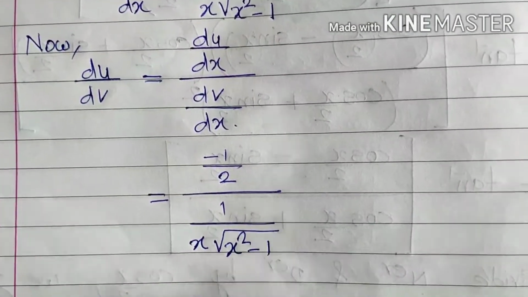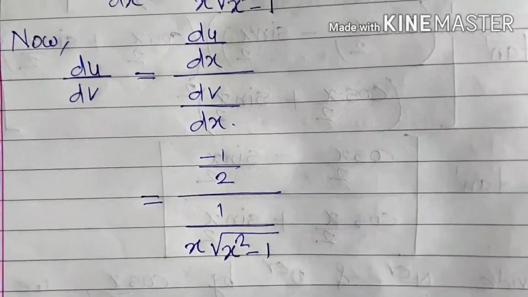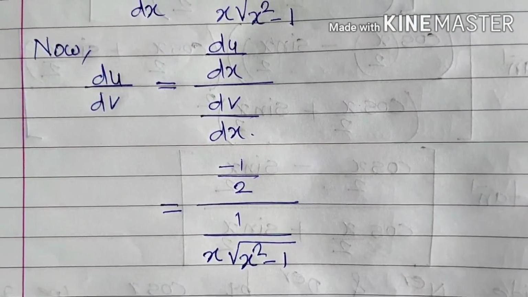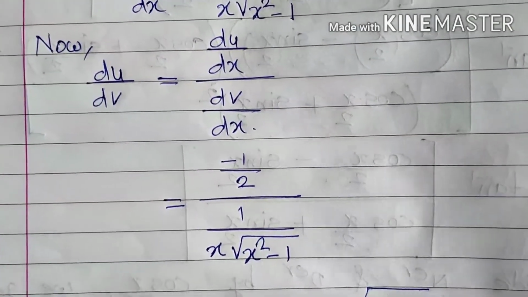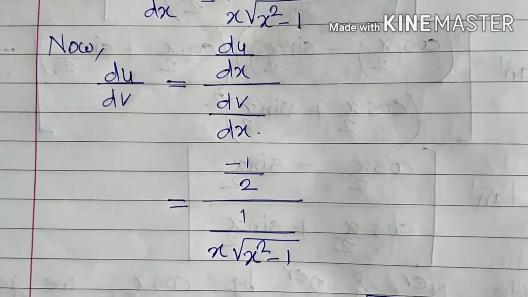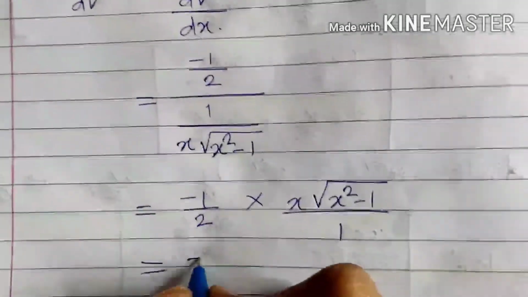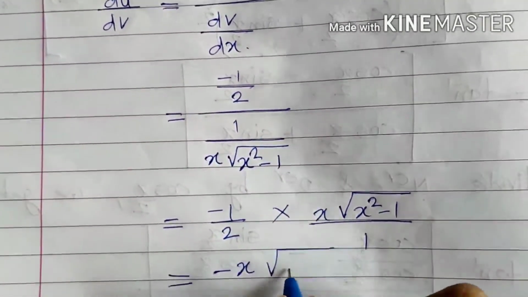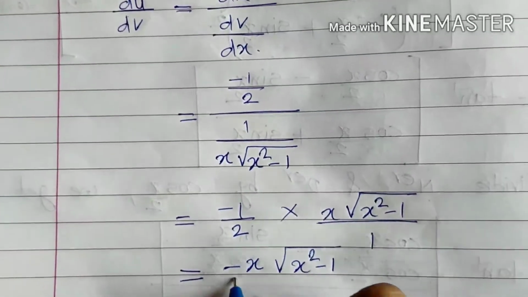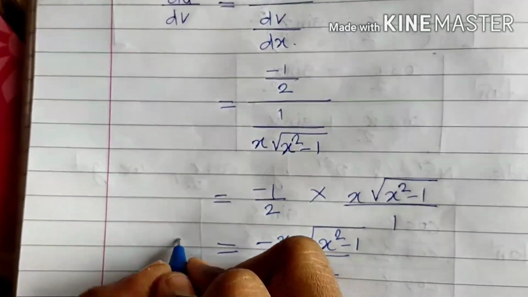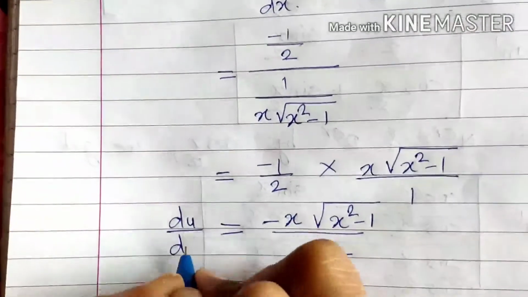Multiply this, minus 1 by 2 into x under root of x square minus 1 upon 1. So you get minus x under root of x square minus 1 upon 2. So value of du upon dv. This is your final answer.